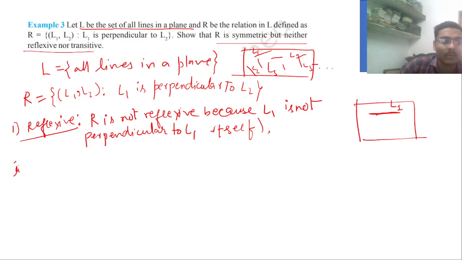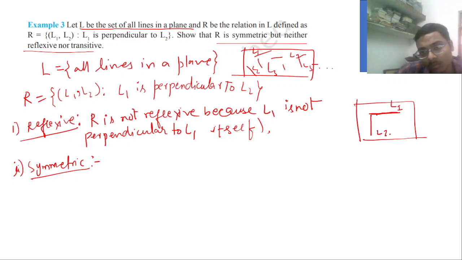Now for symmetric, we take another line L2 which is perpendicular to L1. So if L1 is perpendicular to L2, then L2 is perpendicular to L1. So if we write L1 comma L2 in the relation, then L2 comma L1 will also come in the relation.